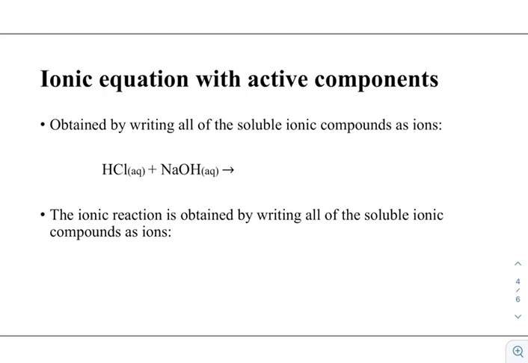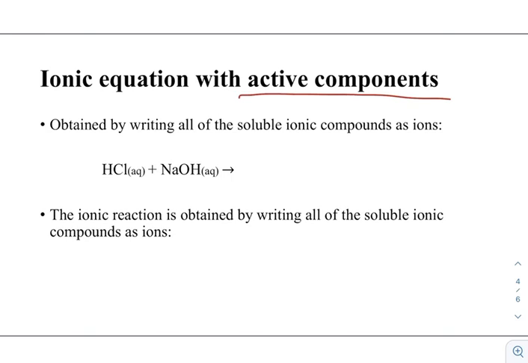So for those chemical reactions that actually take place, we should be able to identify the active components in the ionic equation. The active components here means the ions that actually participate in the formation of the chemical substances. Here I take a simple acid-base reaction as an example to see the active components.